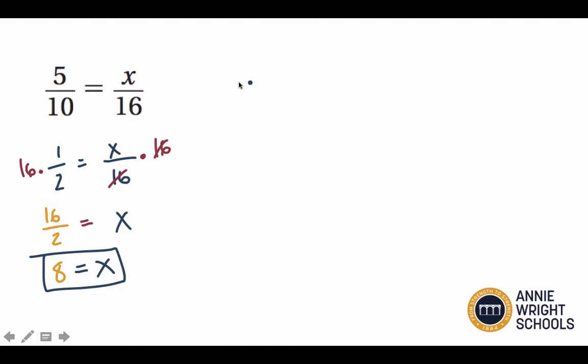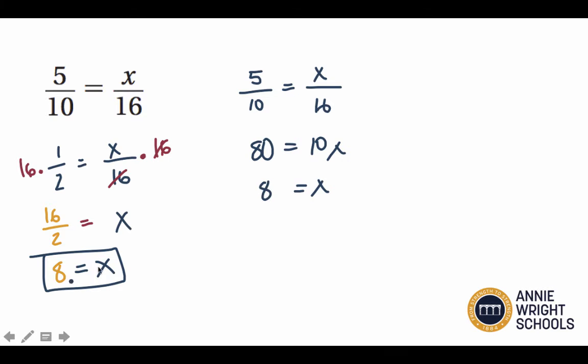I don't teach what some books teach, which is cross multiply and divide. The reason I don't teach that here is you would get 80, that's 16 times 5, equals 10 times x, and then you get x equals 8. So you get the same answer. And cross multiply divide sounds nice.